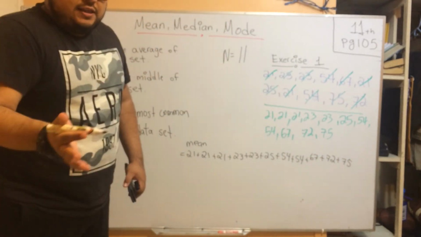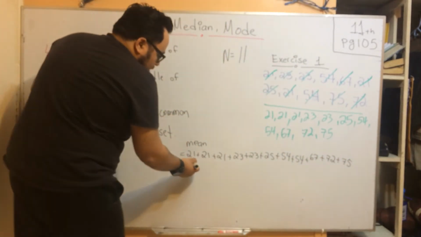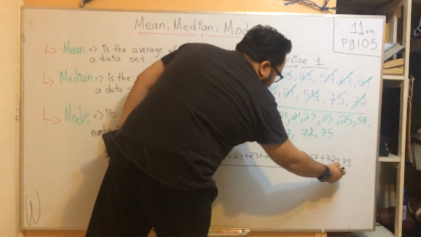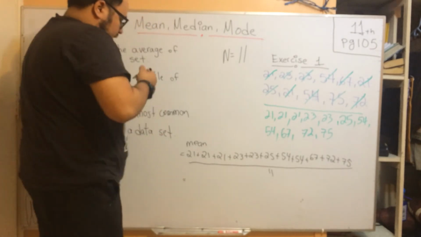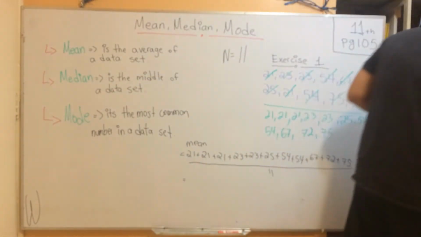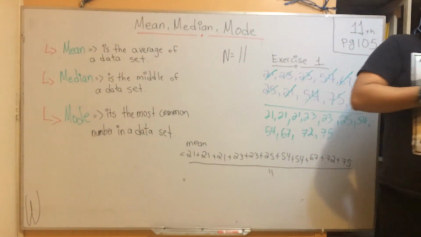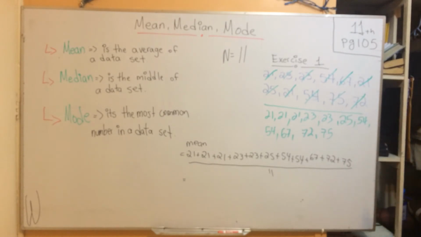And since we're calculating the average, we have to divide all of this by 11. So we take out our calculators and add all of these numbers.